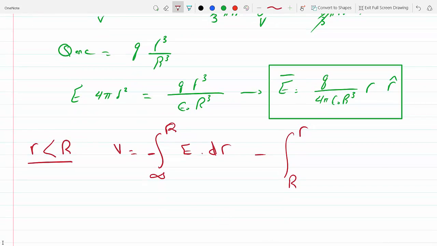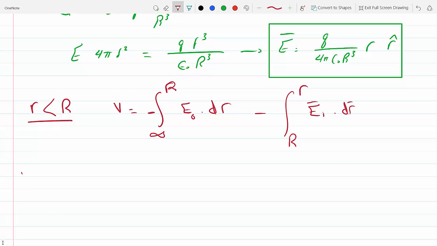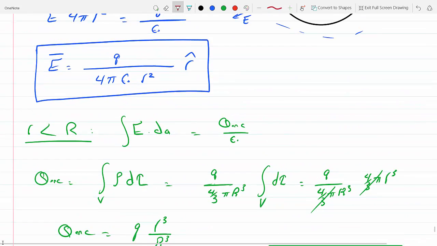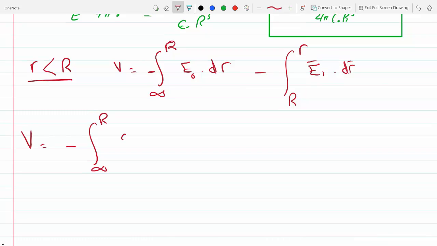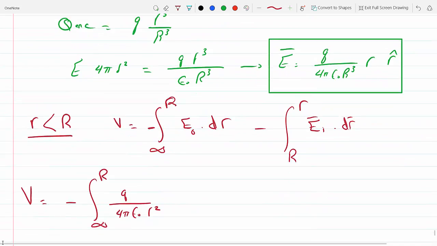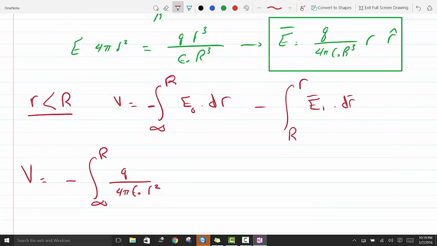So this is E outside, and this here will be E inside dot dr. Okay, so V will be minus infinity to r. So E outside turned out to be Q over 4 pi epsilon r squared dr.